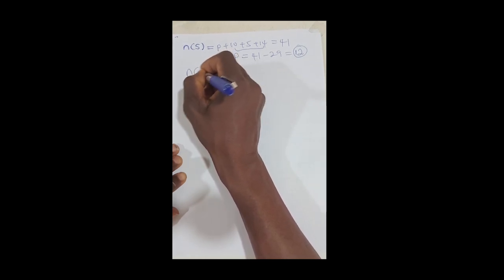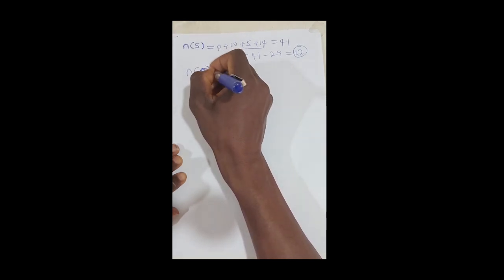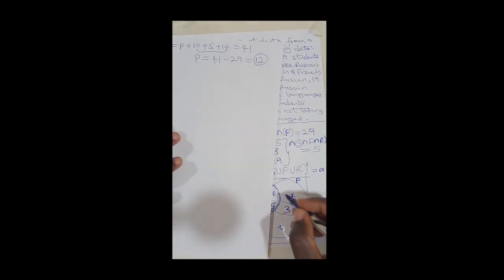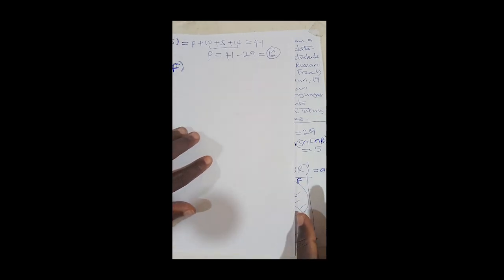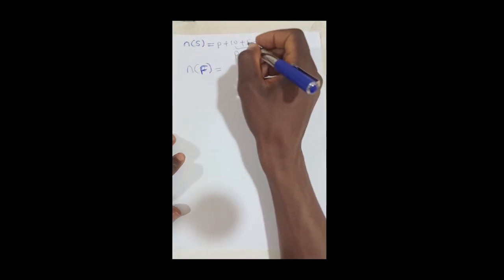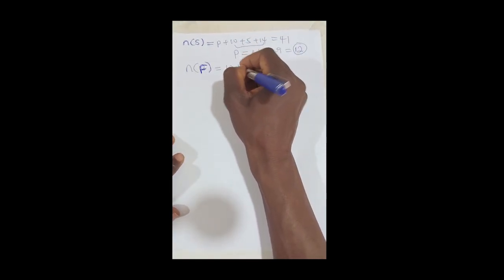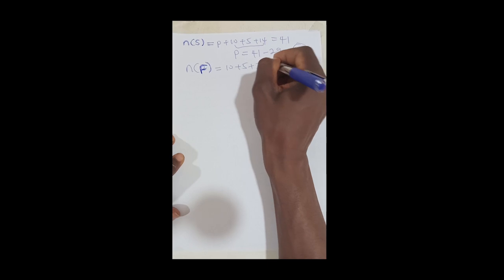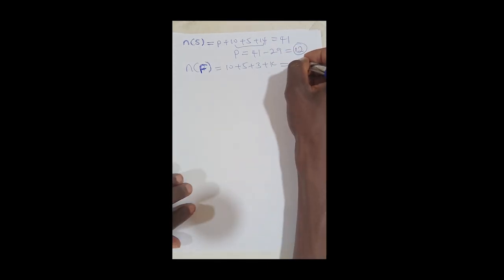Let's go to French. French only. We mean this K. We call it K. French only will be this place here. That will be the total of this circle: 10 plus 5 plus 3 and then plus K. French is 29.